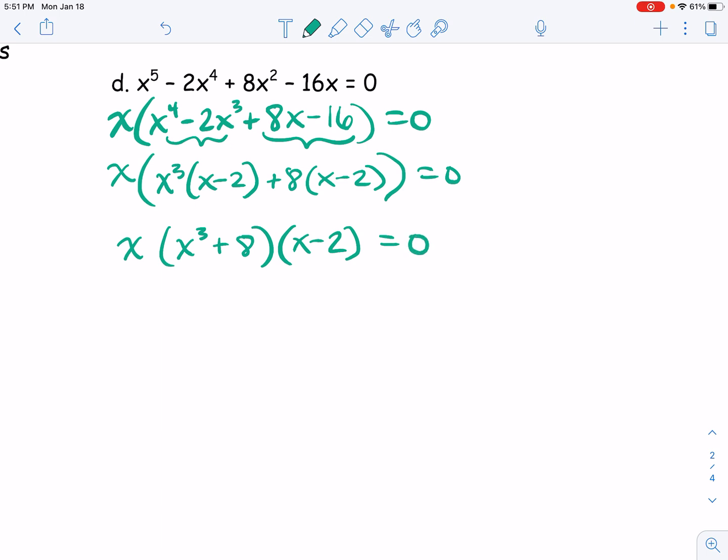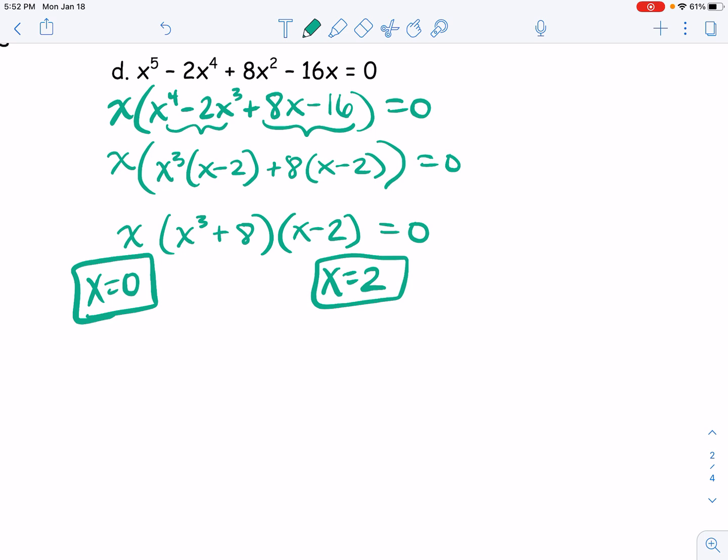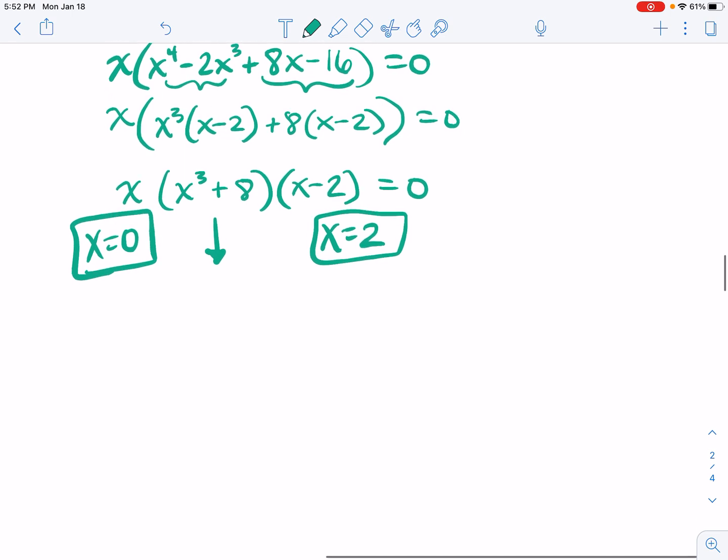And then I want to double check my factors just to make sure. Well, this is going to be 0. This is going to be 2. But that middle factor can actually factor some more because it is the sum of cubes. So to factor that, remember we take the cube root of the first, keep the sign, the cube root of the last, and then we do the SCOOPS.